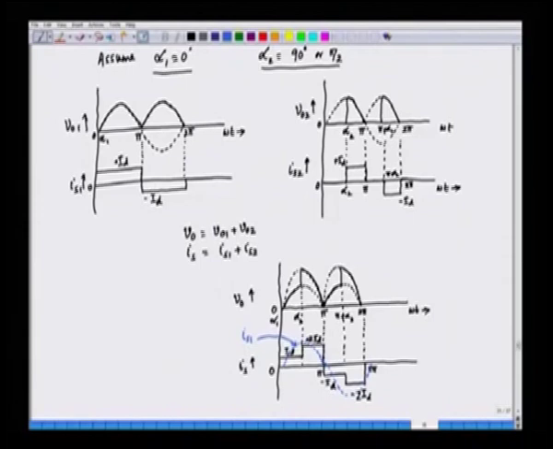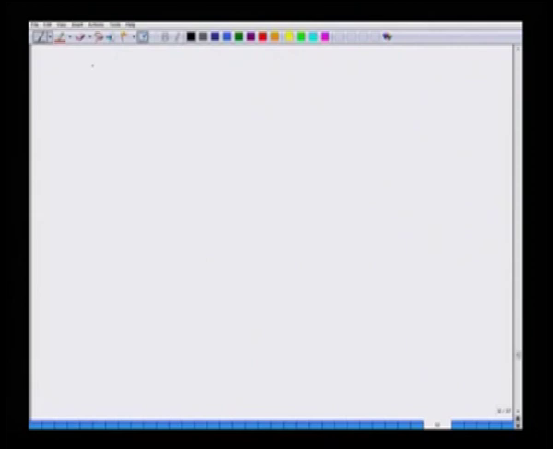So, we have seen that in case of a single stage converter, what we have here is the following, that V naught equal to V naught max by 2 into 1 plus cos alpha, or from this we can say that 2 V naught by V naught max is equal to 1 plus cos alpha, or 2 V naught per unit minus 1 is cos alpha.